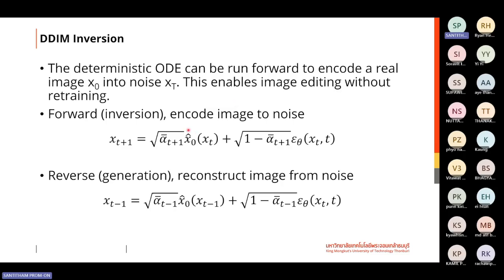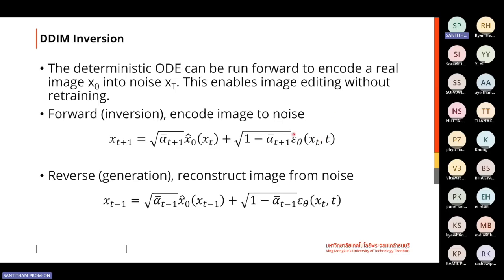In this case, we have the prediction of x0, and this is a forward process, encoding the image to noise. So you have x0, and this is the noise prediction of x at that iteration, that has to be trained in the model. The forward process is to get x at the next step, depending on what you start with.